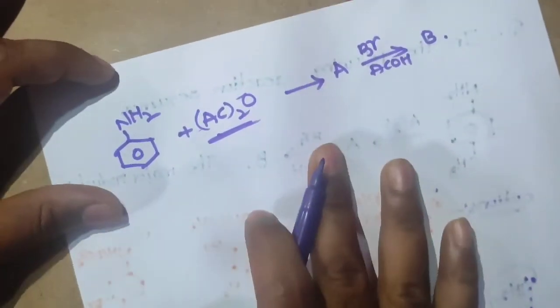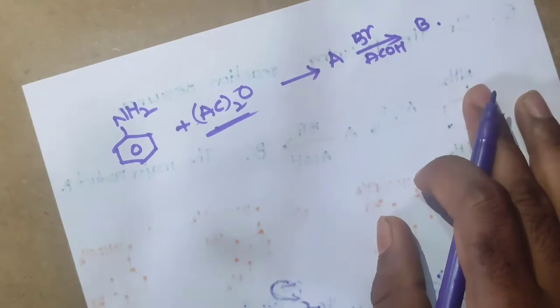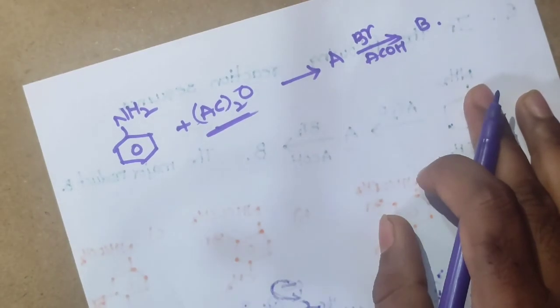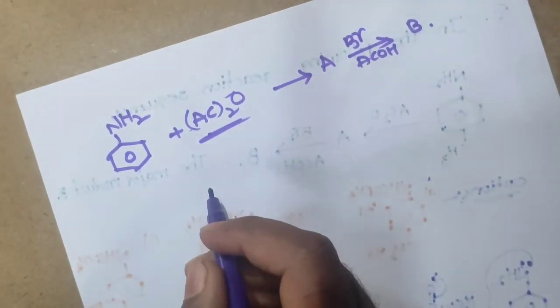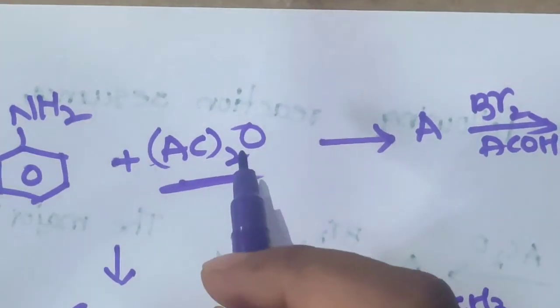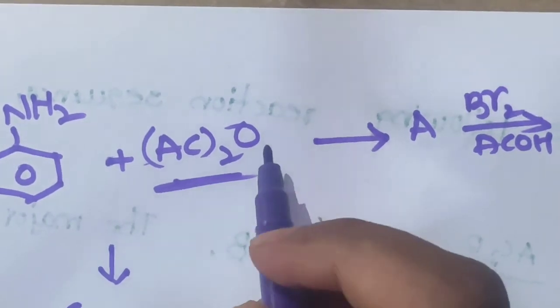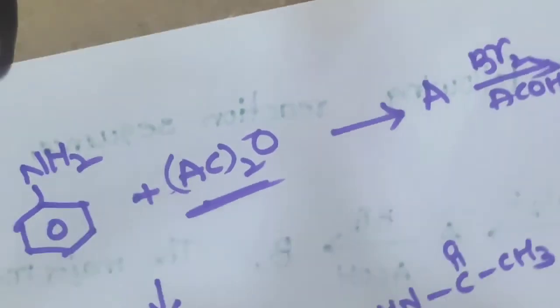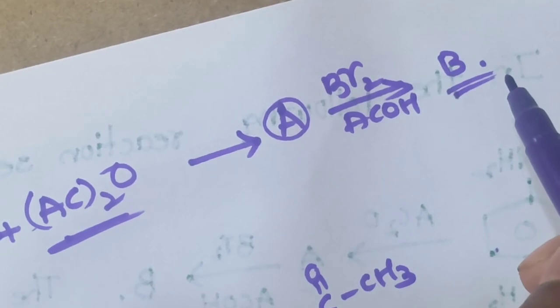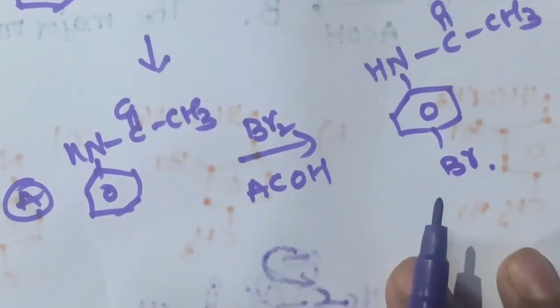You just try to write this mechanism following the same method which we have done in the earlier question. So you just follow the same reaction mechanism which we have followed for the earlier case. You just try this question now. So find these products and check your answer here.